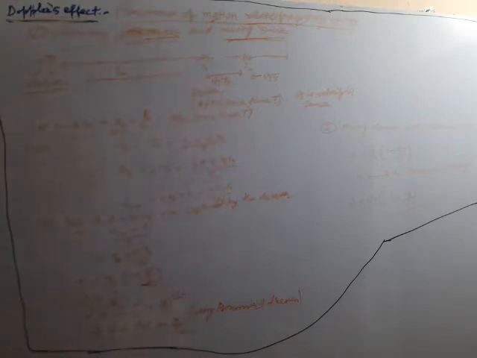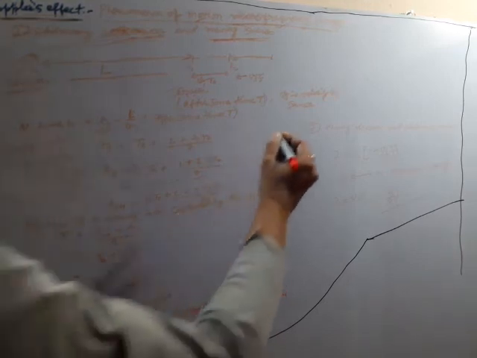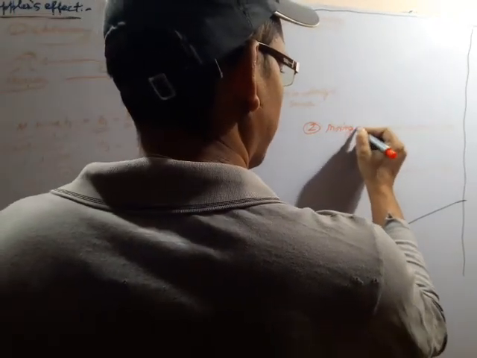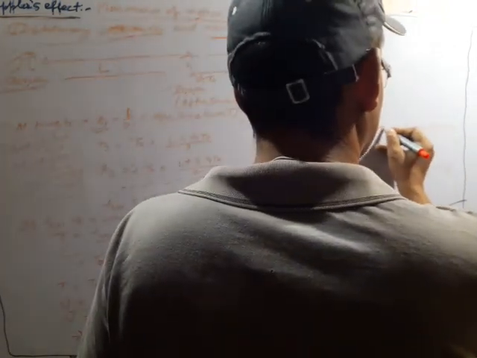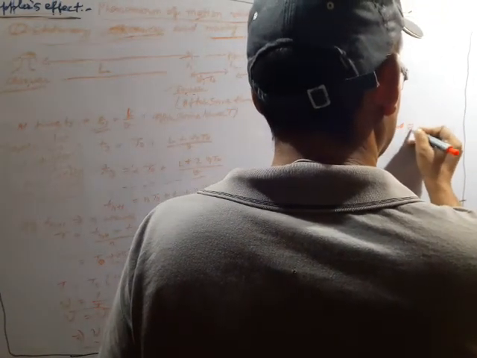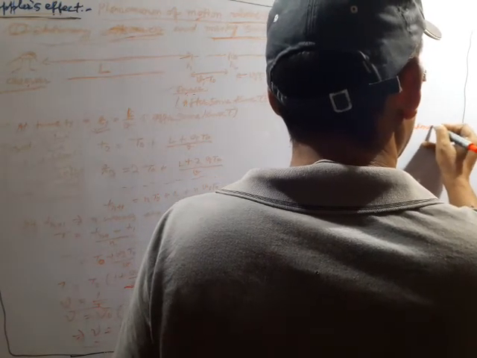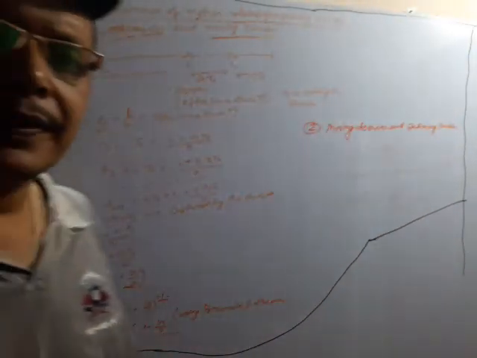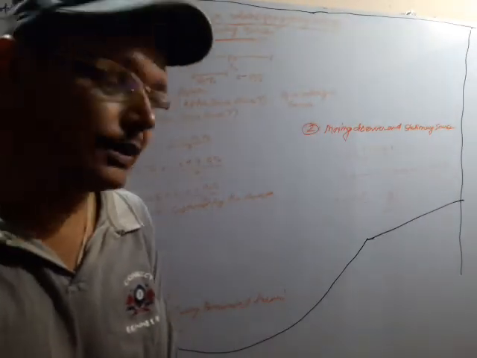Now the next thing we want to discuss is a moving observer and a stationary source.